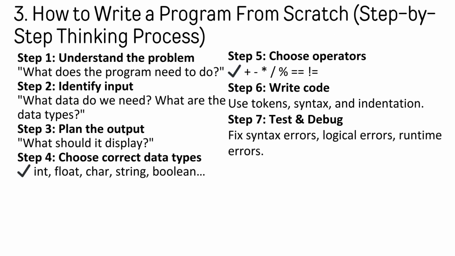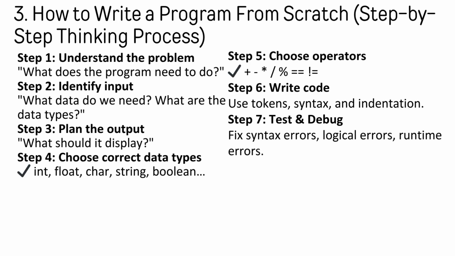So if we want to write a program from the beginning, what should be the steps? Initially, we must understand the problem. We find out what the program needs to do, then identify the input.